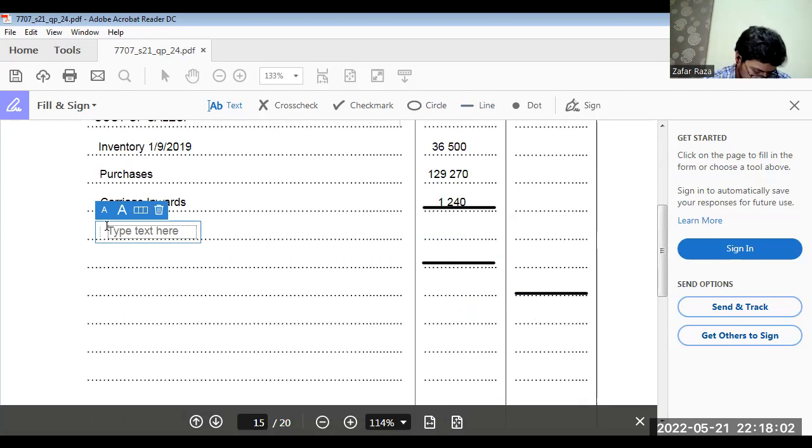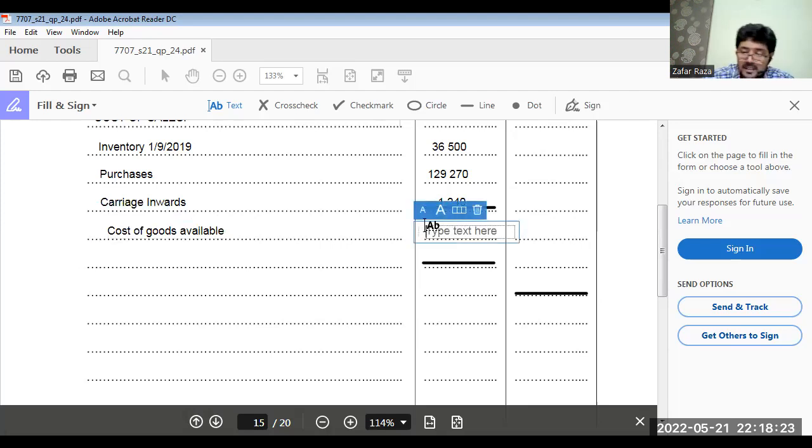Answer is 167,010. This is cost of goods available for sale, which is how much? 167,010.